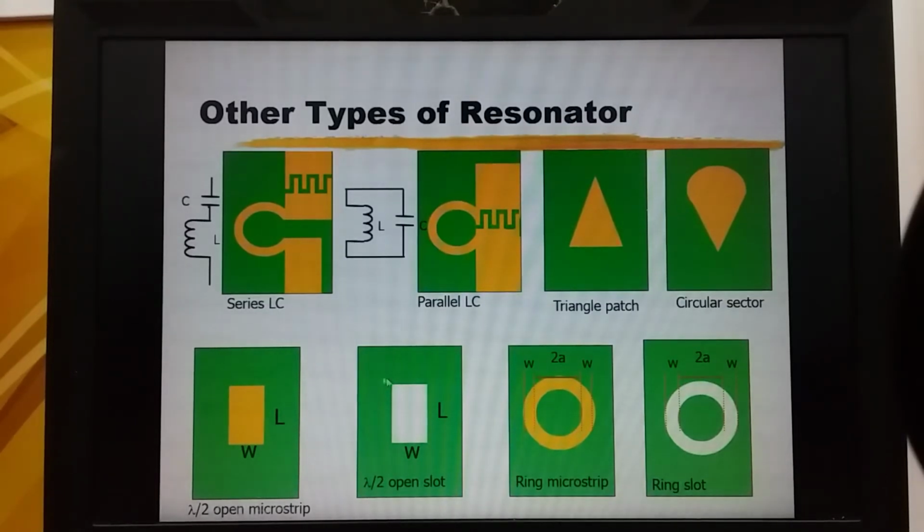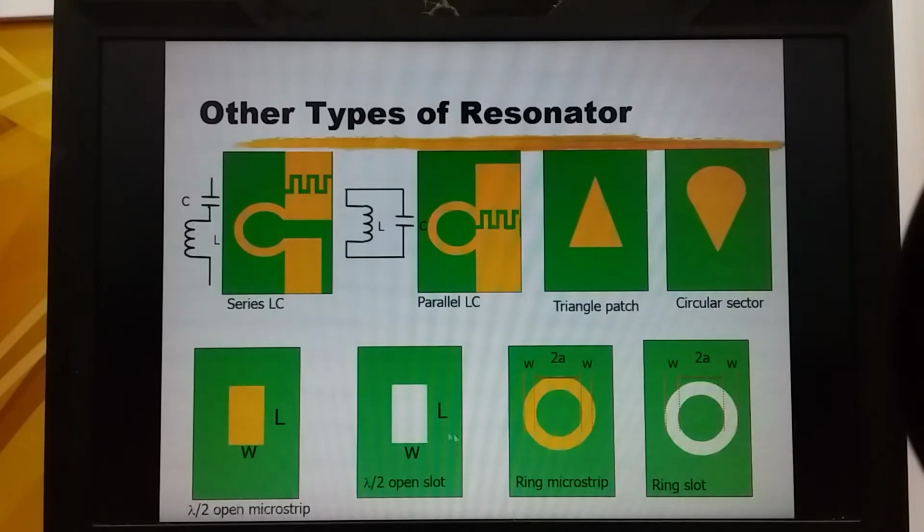Alternatively, we can use a ground plane which is defected with a hole which has a width W and length L. The effect is the same, that is, we get resonance behavior.